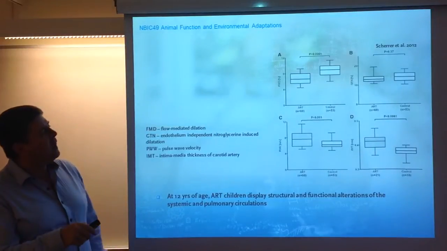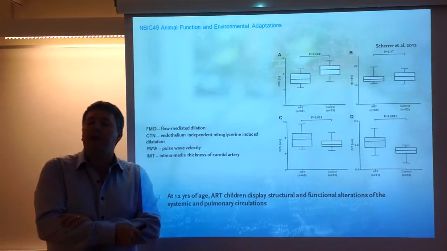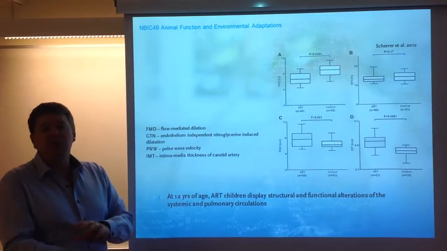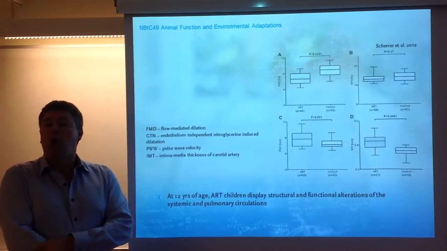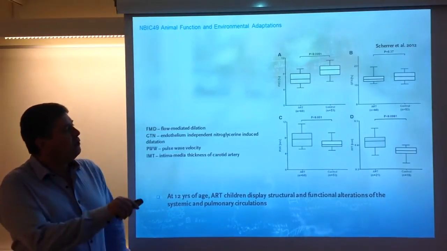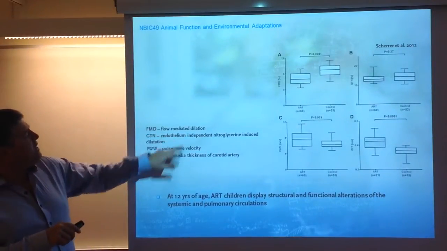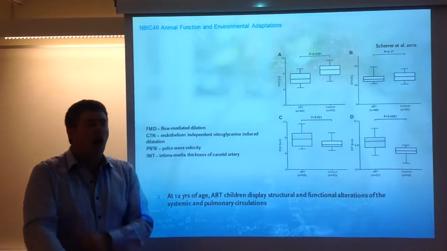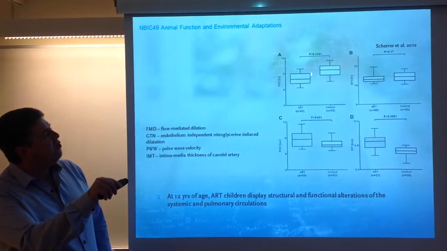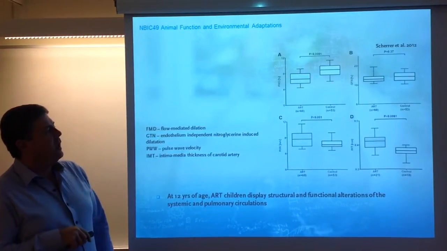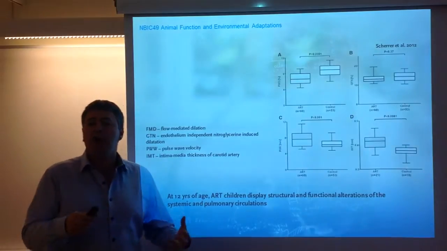And they compared basically the changes in the blood flow to the arm in these children. What they observed, for example, is that flow-mediated dilation in the brachial artery is decreased in ART children.